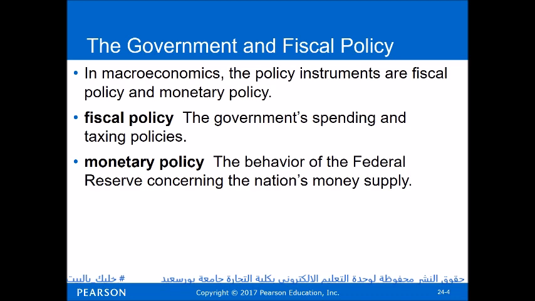So the tool with regard to fiscal policy is government spending and taxes, while monetary policy refers to the actions of the central bank, or as in the US, the Federal Reserve, concerning the nation's money supply, making changes in the supply of money in the economy by the central bank of the country.